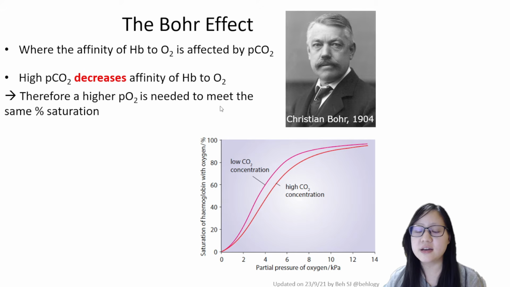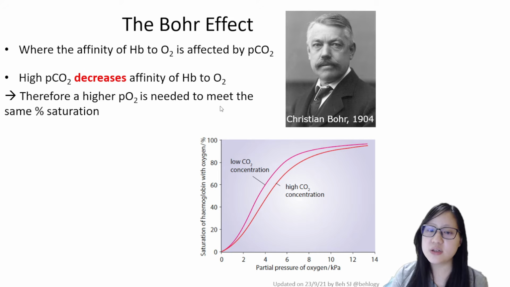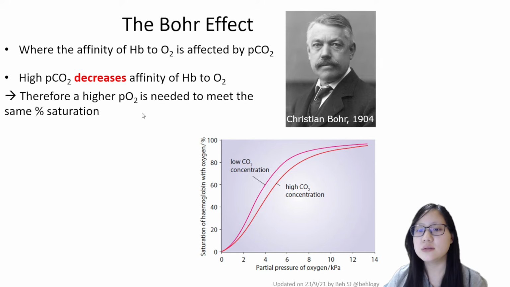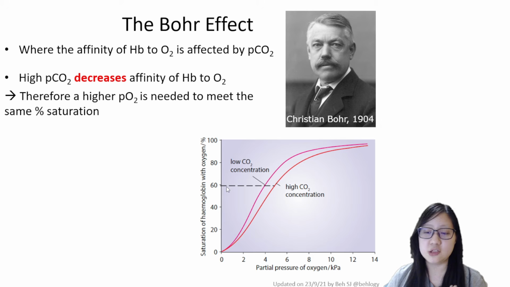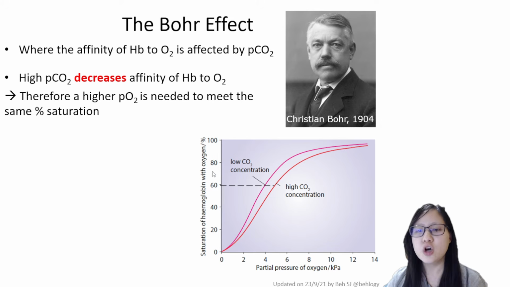And the reason why the curve shifts to the right is because a higher partial pressure of oxygen is needed to meet the same percentage saturation of hemoglobin with oxygen. Let's just take this 60%, really badly drawn 60%, as an example. To reach this same percentage saturation, you will need only less than 4 kilopascals of oxygen.